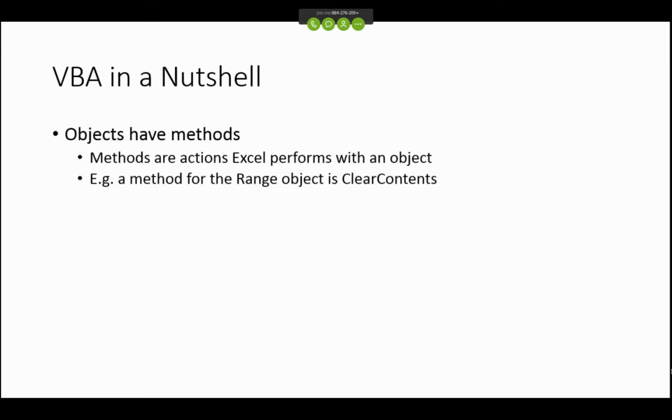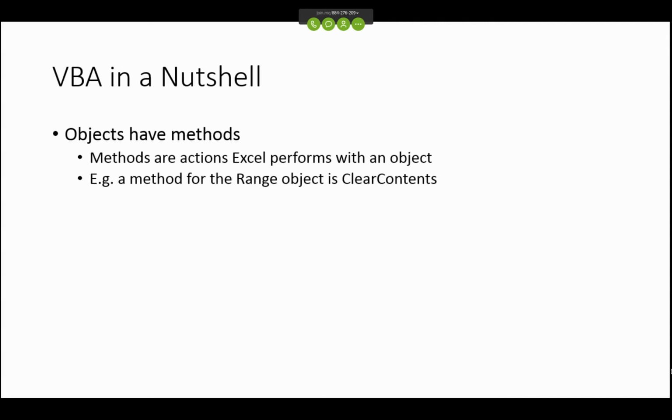So objects have methods. For the range object, one method is clear contents. This is an action that is performed on the object. What do you think it does? It clears it. It'll delete everything in that range.